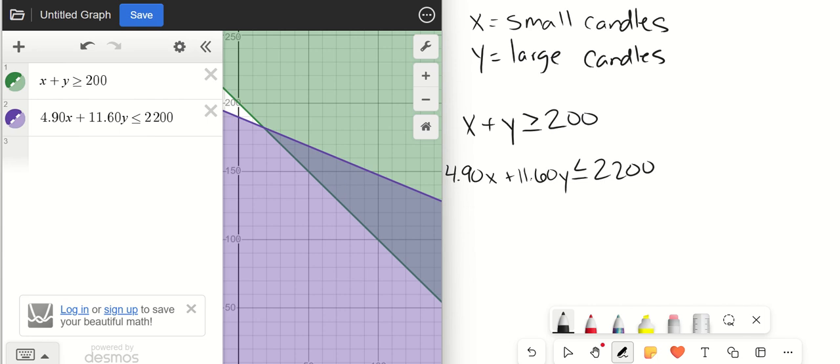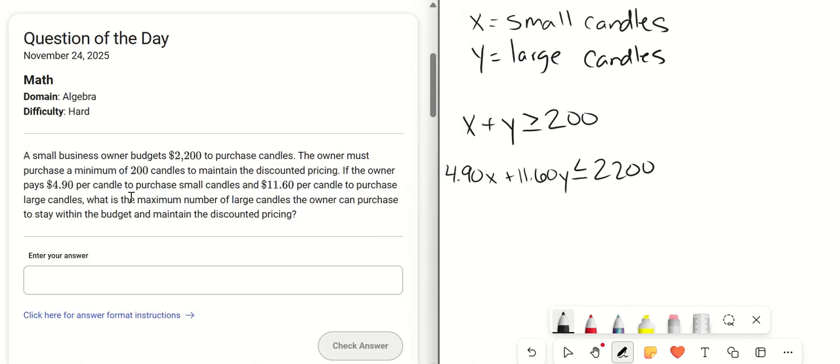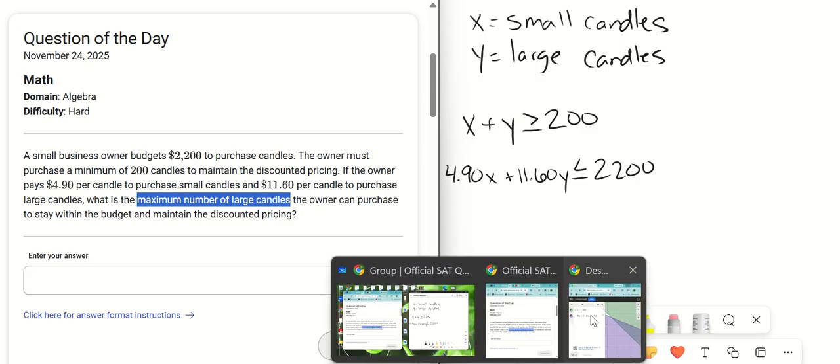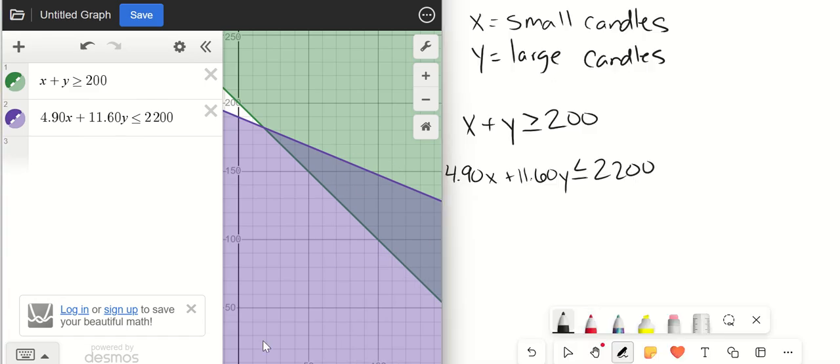Now, if we go back to the problem real quick, we want the maximum number of large candles. So we're solving for y, and we need to find what is the greatest possible y value. So we're going to go back to our graph. Y-axis is the up and down part. So I'm going to find which part of this shaded region is the highest.